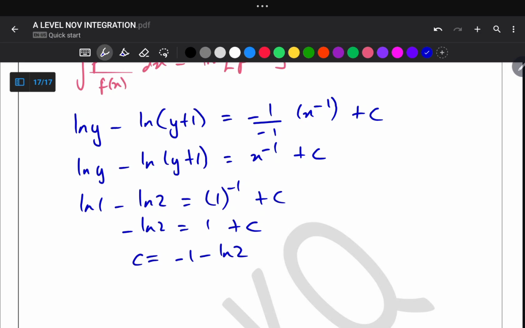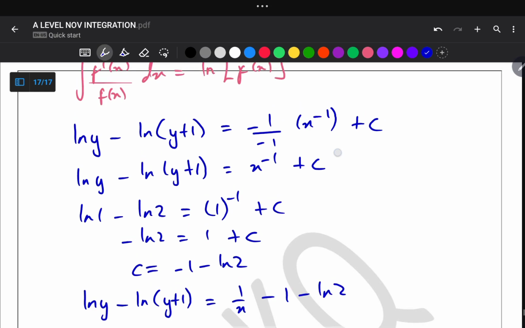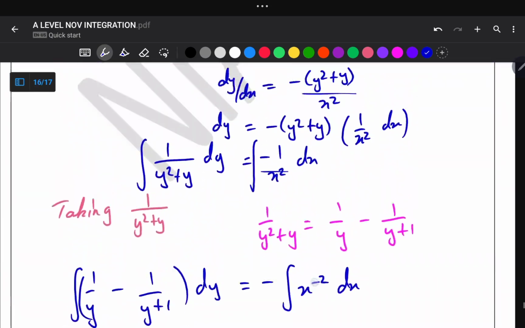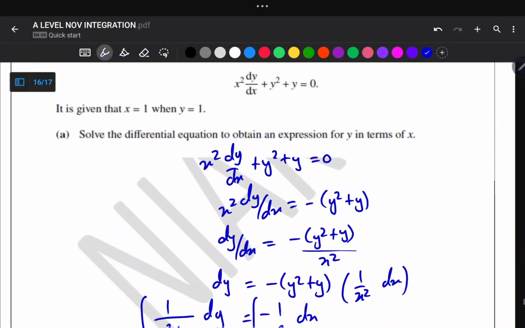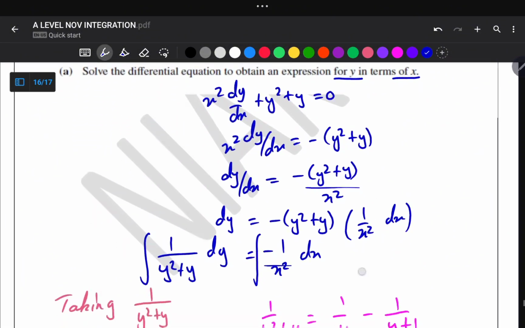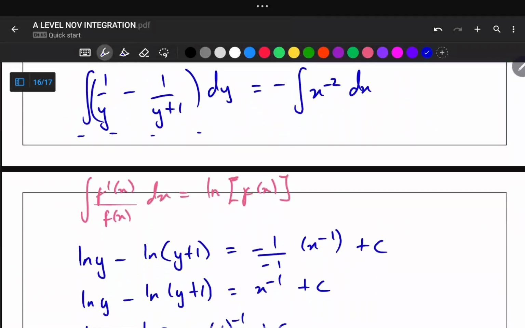So we can now say ln y minus ln of y plus 1 being equal to 1 over x minus 1 minus ln 2. And we are being asked to find an expression for y in terms of x. So we need to make y the subject.